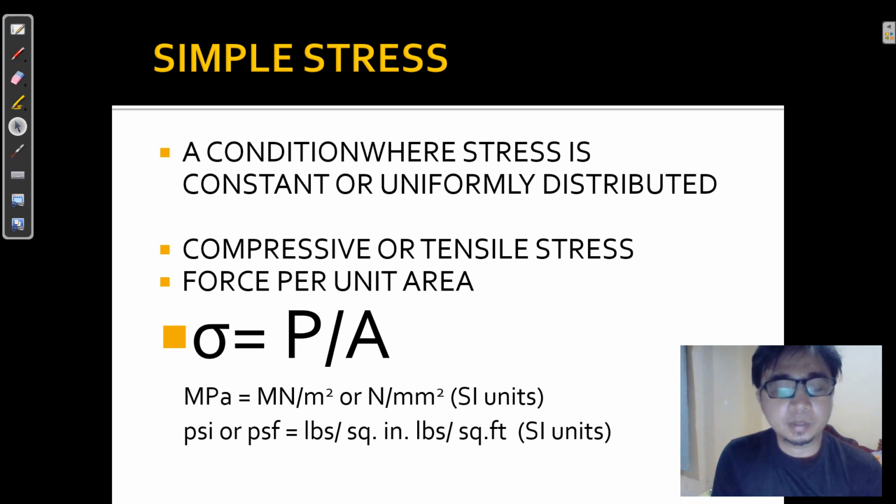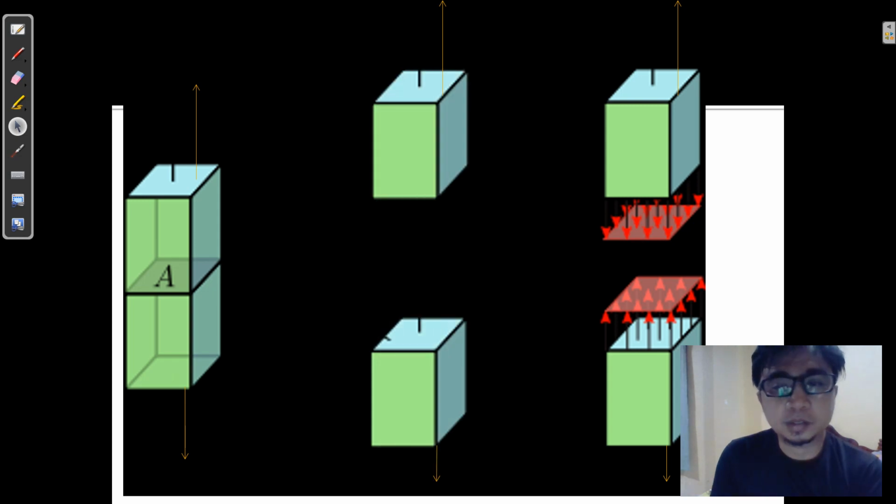Okay. So in English units, let us correct this to be English units. The expression of sigma is pounds per square inch, or pounds per square foot. So that is in English units.